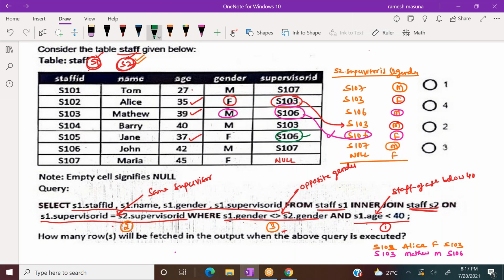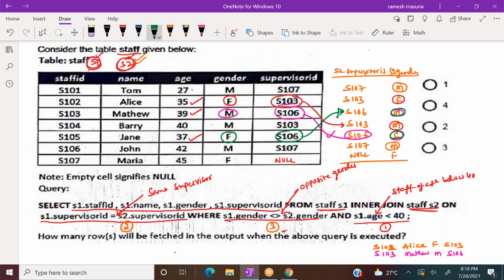S106 is matching with S106, S106 too. And gender should be opposite. Female, it is male. Correct combination. It is female, it is female. Incorrect combination, I'm cleaning it. Only one combination is correct. That is S106 is matching with S106 with opposite gender.